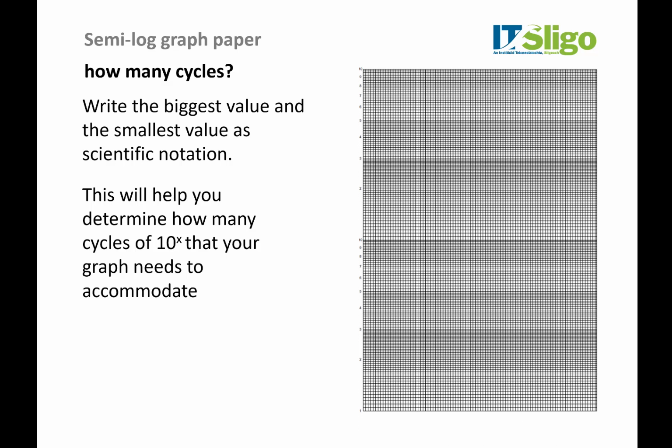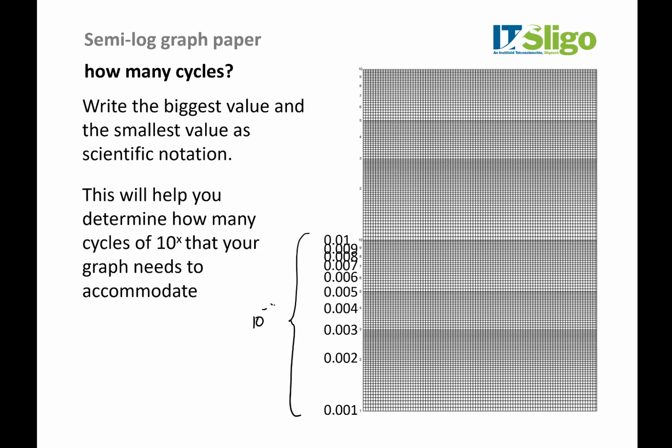So here I've got 2 cycle paper. And here I'm just showing, guys, you could use different ones, if the data necessitated. Here's the 10 to the power of minus 3 cycle. So the next cycle up, guys, must be the 10 to the minus 2.